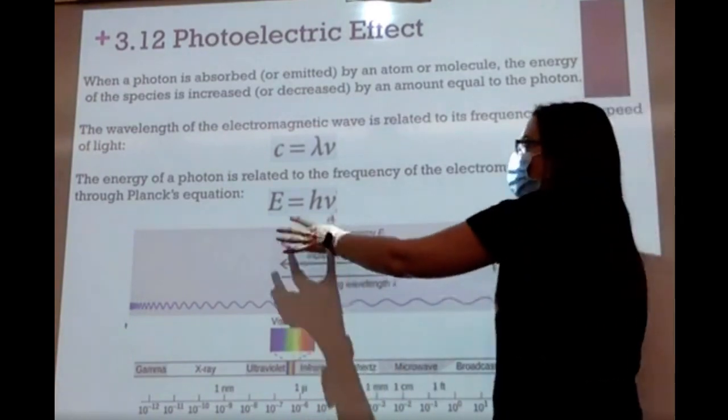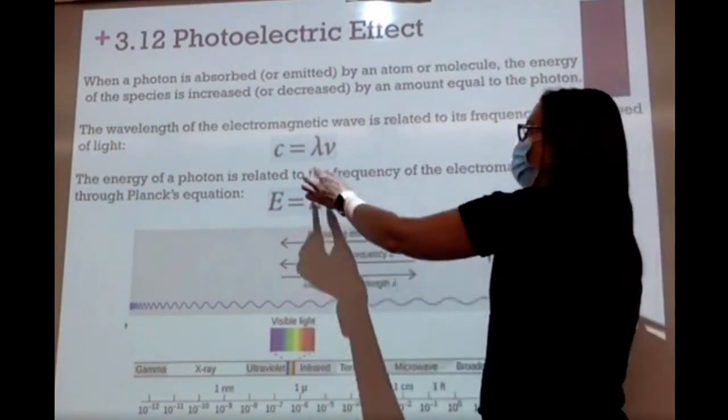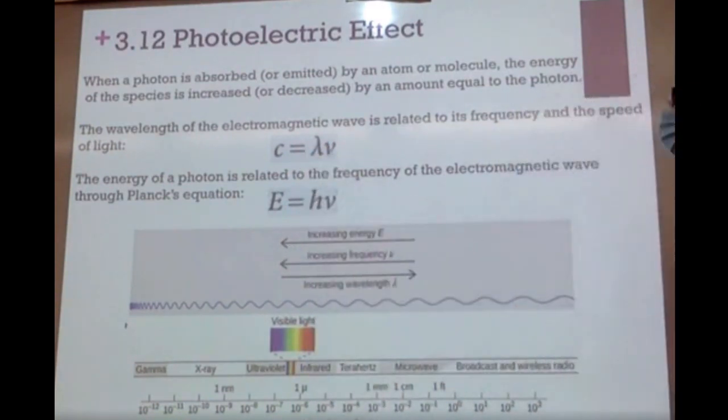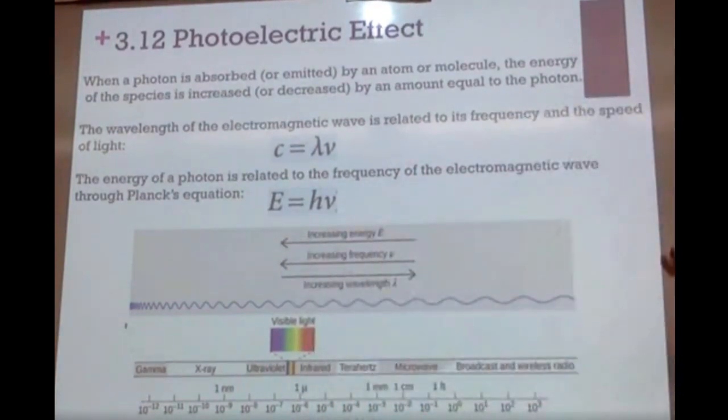Those are directly proportional because they're across the equal sign from each other. Wavelength and frequency are inversely proportional because they're on the same side of the equal sign. So that's using spectroscopy and then tying in calculations. So speed of light, energy, and frequency.